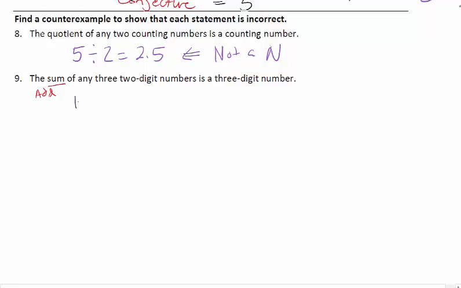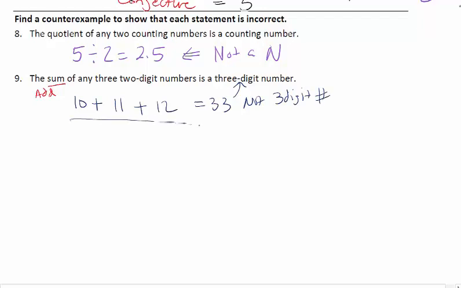If we take 10 plus 11 plus 12, I should get 33. That is not a 3-digit number. So that is a counterexample. It can be totally different than this, but you're proving it's false by getting something that doesn't work for that conjecture.